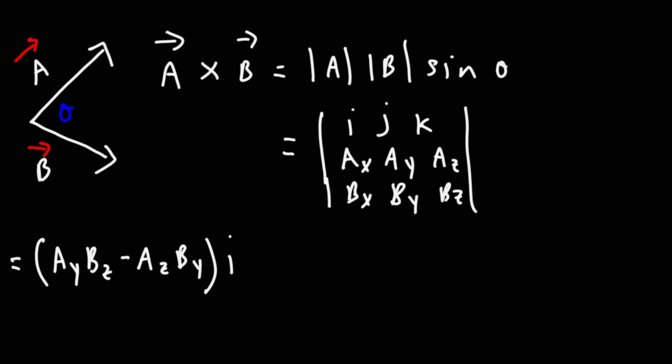So everywhere you see a z, just put a 0 for a 2D vector. But this formula is designed for 3D vectors, but it can work for both. So this will give you the x component of the new vector.